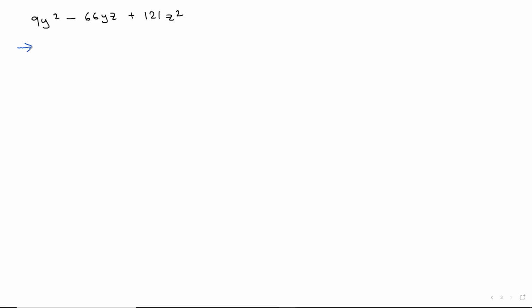Ma'am, answer was 3y minus 11z whole square. Okay, 3y minus 11z whole squared, that is what Hamna is saying. What about you, Amrudula? Ma'am, minus 3y plus 11z whole square.